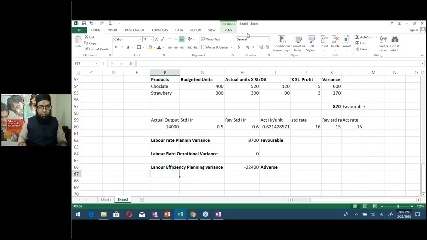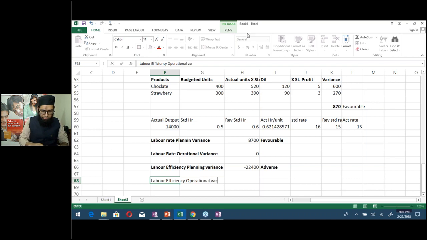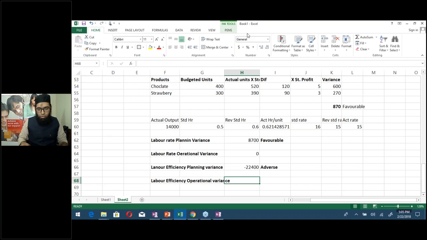Now let's see the labor efficiency operational variance. So this will be actual output into revised standard hours minus actual output into actual hours per unit, multiplied by the standard rate.